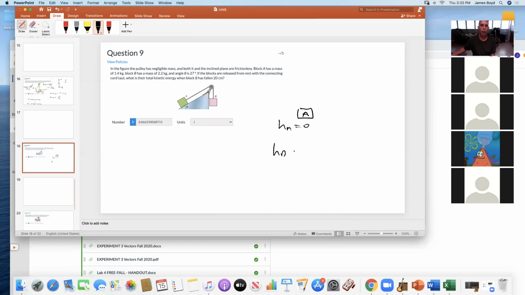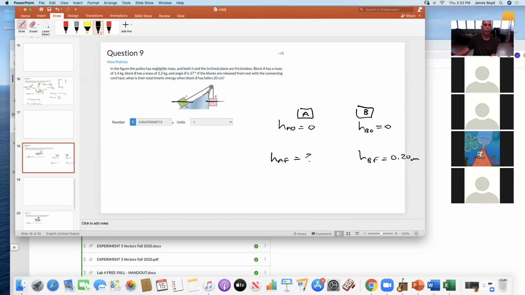We don't know what height B is. I'm sorry, let me go back on that for a minute. Height A initial is 0. Height A final, I don't know yet. Height B initial, I can call 0 if I want. I can have a different 0 for both of these. Height B final, I was told after it's going to fall 20 centimeters. So I know that. Okay.